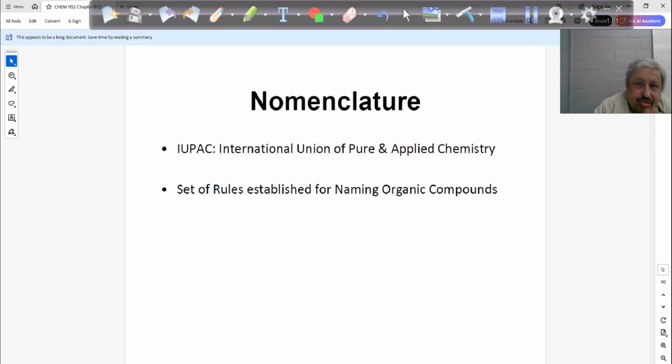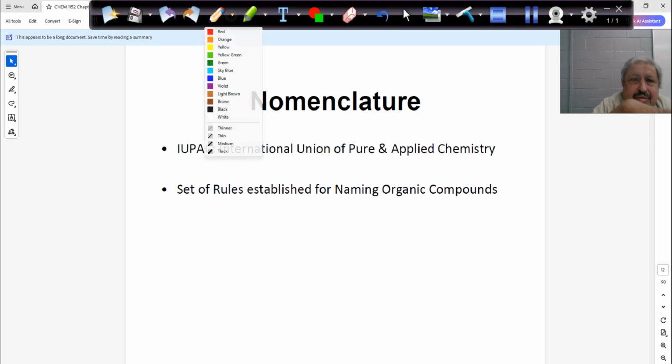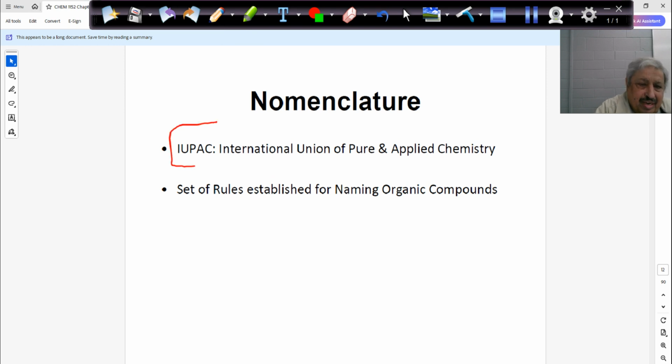So nomenclature. With the nomenclature in mind, we are using the real chemical nomenclature, meaning naming of the organic compound, using the IUPAC system. IUPAC is, as you can see, the abbreviation for International Union of Pure and Applied Chemistry.